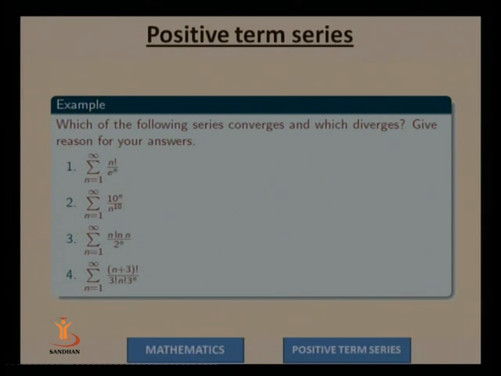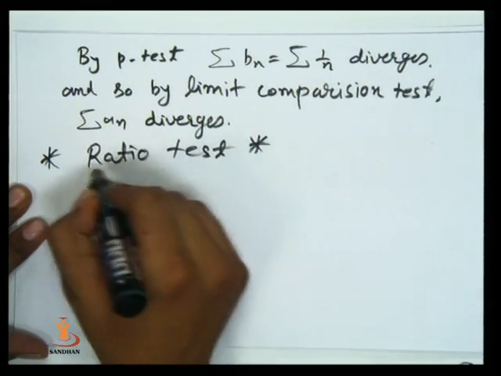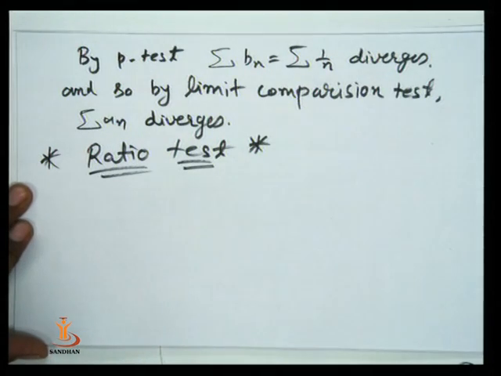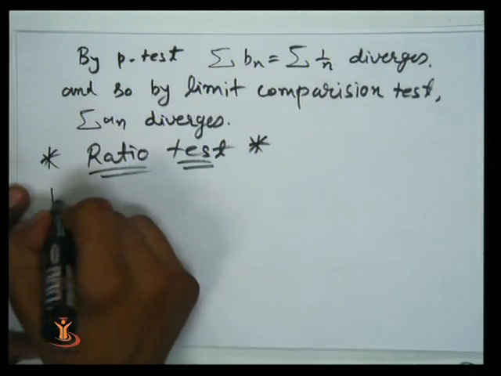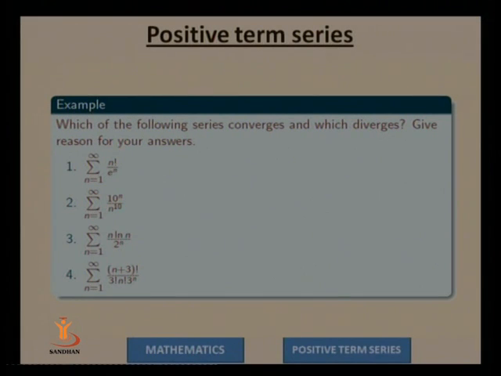Now in the ratio test, what we have as the first example is summation n equals 1 to infinity of n factorial upon e raised to n.